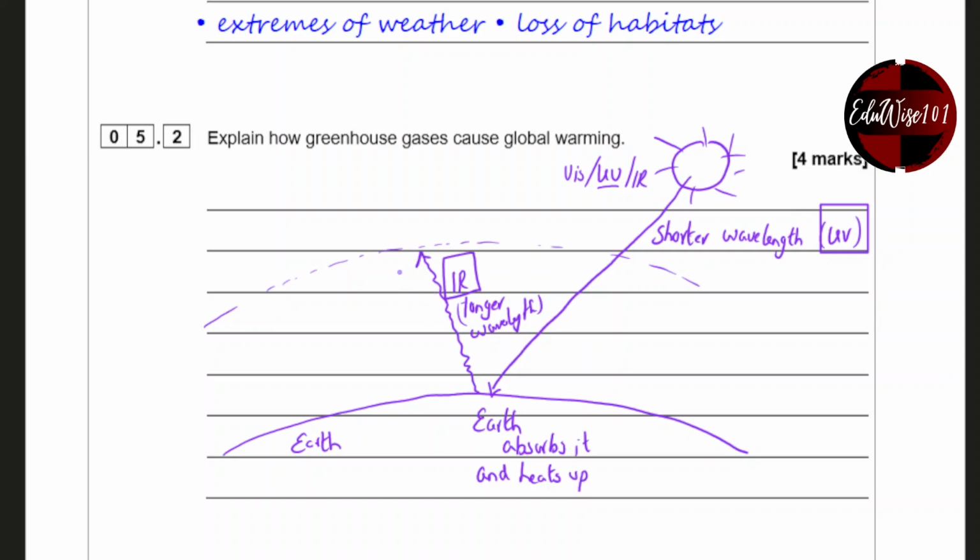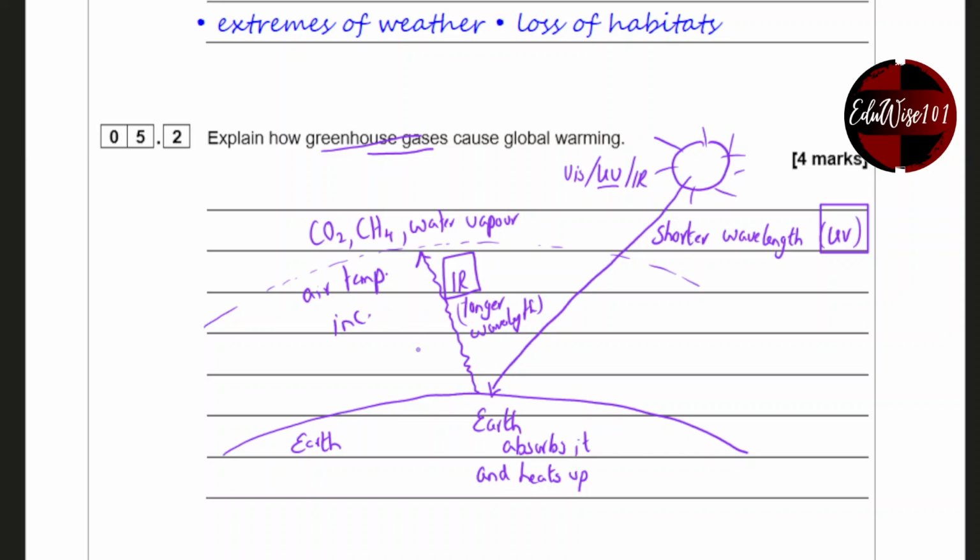Now, when that happens, the greenhouse gases, examples of which are carbon dioxide, methane, and water vapor, they're all different types of greenhouse gases, absorb this infrared radiation, and the air temperature increases.